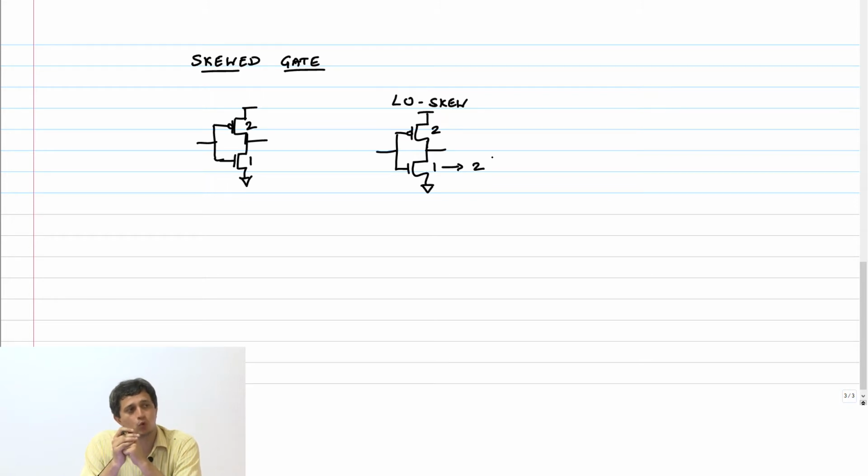But if I make it 2, what's going to happen to the logical effort? It will increase, because remember, logical effort doesn't depend on whether it's 1 or 2, because I'm going to compare it now to a reference static CMOS inverter with the same drive strength.